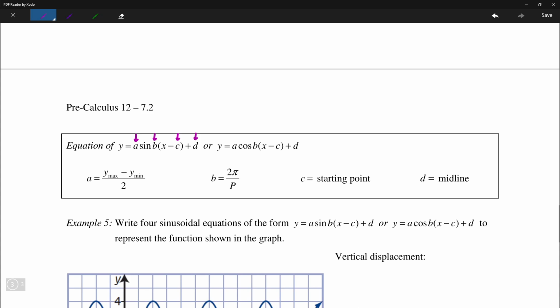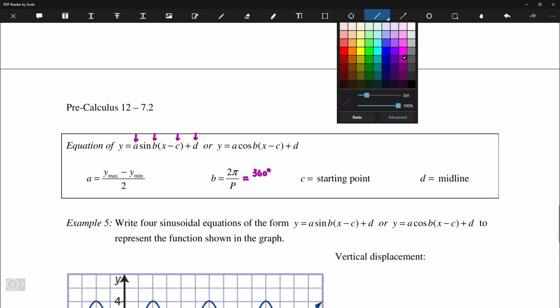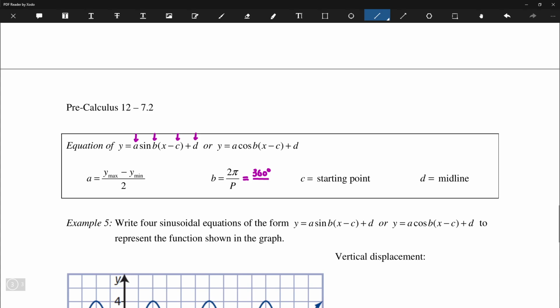The b value is about the horizontal stretch, or the period. So notice that b is equal to 2 pi over p if it is in radians. If this is in degrees, that would be 360 degrees divided by p. C is the starting point, or the phase shift of the function that we're dealing with. And finally, d is the midline, or the vertical displacement.